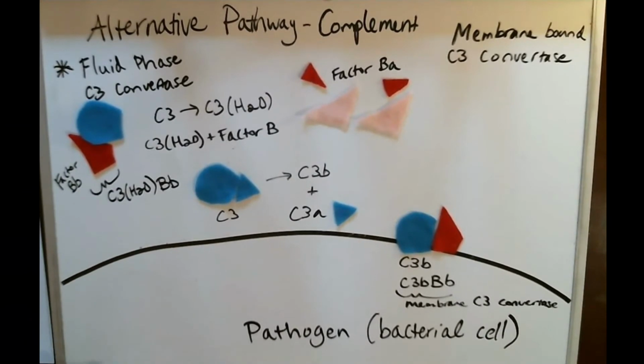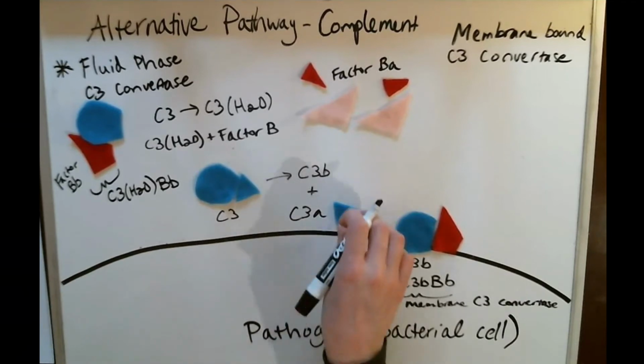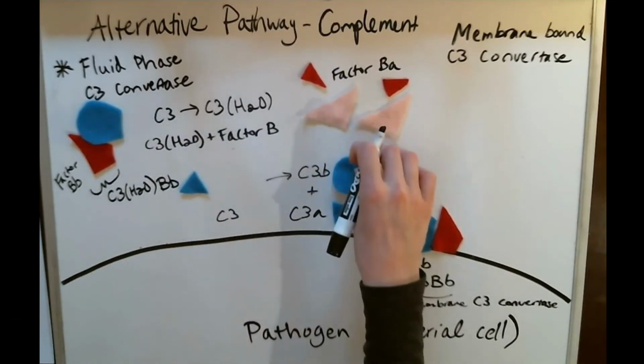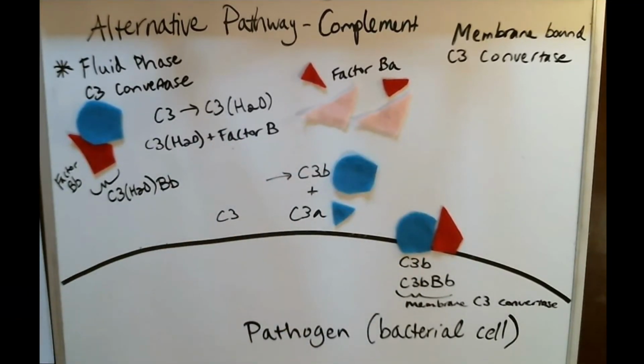Okay, so it's going to act upon C3, and it's going to generate a lot more of our C3a and our C3b. So the next step is to form what we call the C5 convertase.